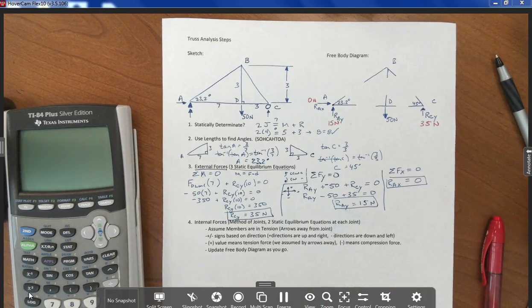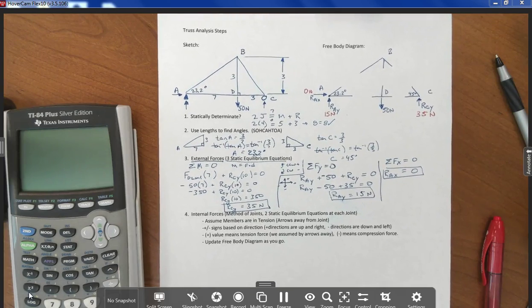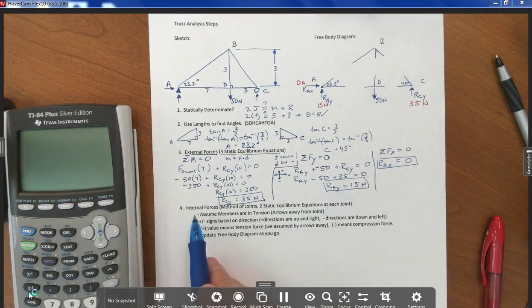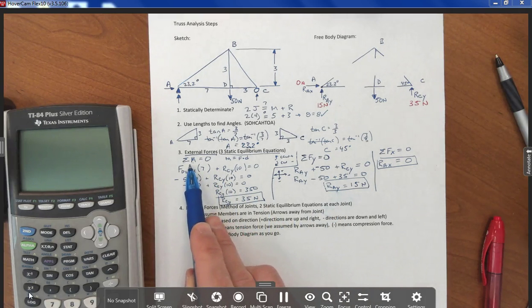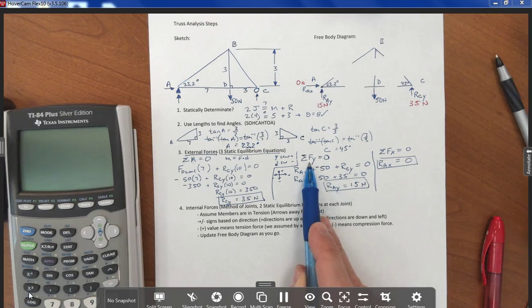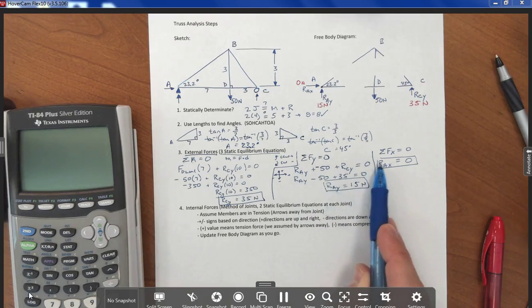Okay, and how we do that is we use a method called the method of joints. And here are some things that you need to keep in mind. For internal forces, we're going to use the method of joints, which means we look at two static equilibrium equations at each joint. We don't deal with the moments anymore, just the sum of the forces in the y direction and the x direction.